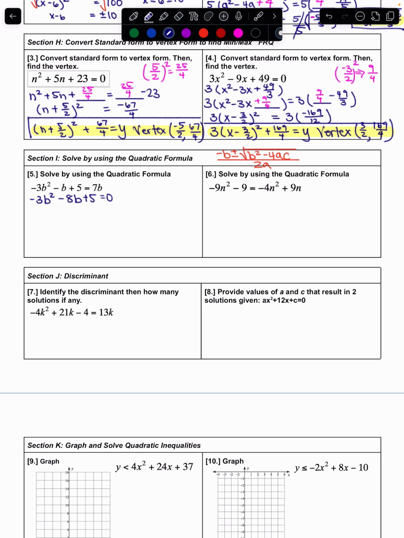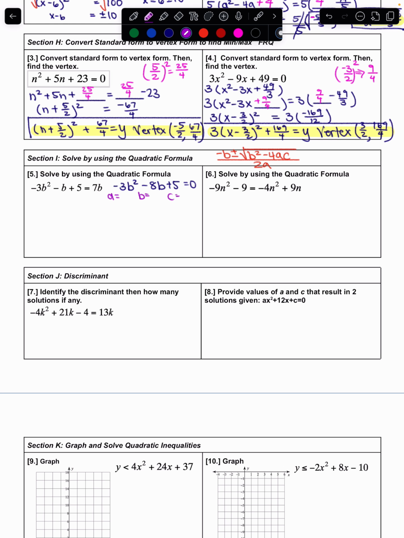Now that it's equal to 0, I can start identifying my a, b, and c values. I know some of you would prefer to just write a, b, and c, but please do not do that. You need to write down a equals this, b equals that, and c equals something.